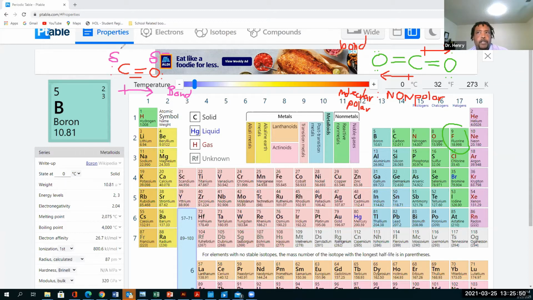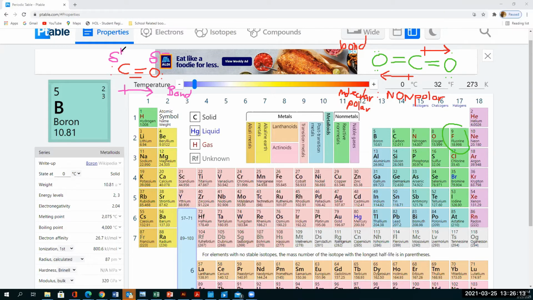And this guy would be partially positive because if you're not negative, you have to be positive, right? Okay, so does that make sense? So does the bond polarity refer to the electronegativity, right? Yes, the bond polarity refers to the electronegativity.